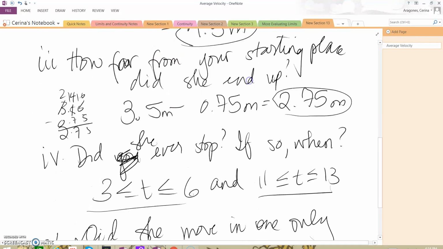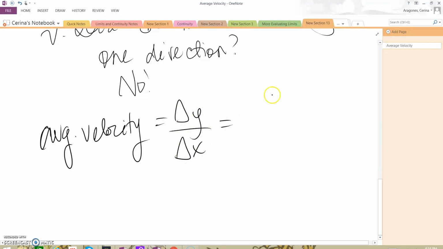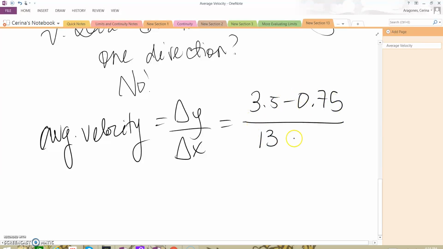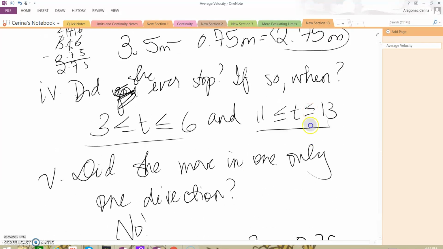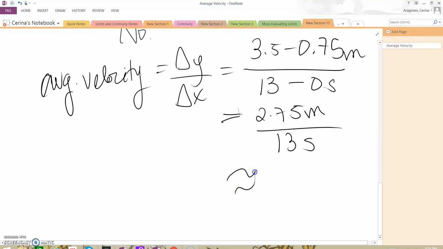So then her slope, so average velocity, is her delta y over delta x, which is 3.5 minus 0.75 over 13 minus 0, which is equal to 2.75 over 13 seconds, which is approximately equal to, if we put that in our calculator, approximately 0.21 meters per second, and that would be her average velocity.